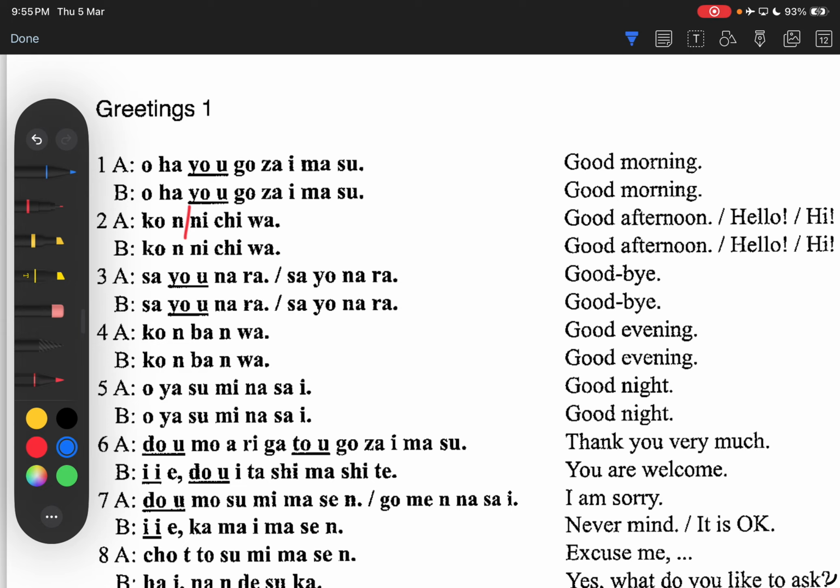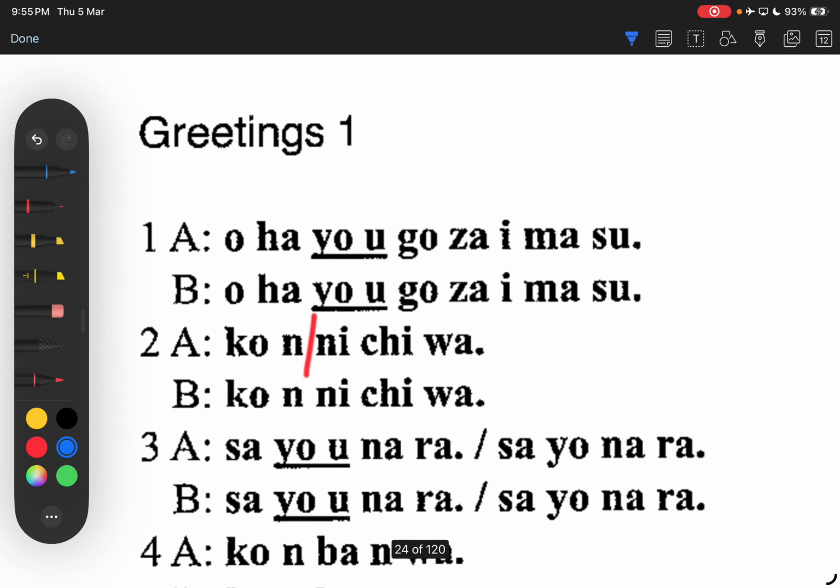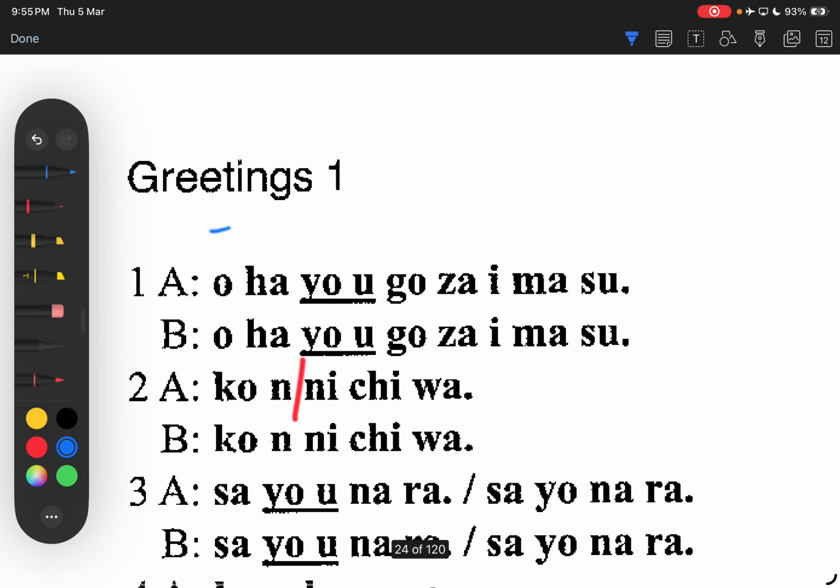That means from this English romaji, for example, Ohayo gozaimasu, I want you to write, this is O, this is Ha, this is Yo, then this is U, this is Go, this is Za, this is I, this is Ma, this is Su. So I want you to transcribe English romaji into Hiragana. This will help you be more familiar with using the Hiragana system.